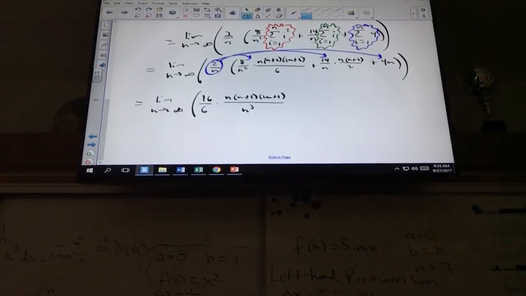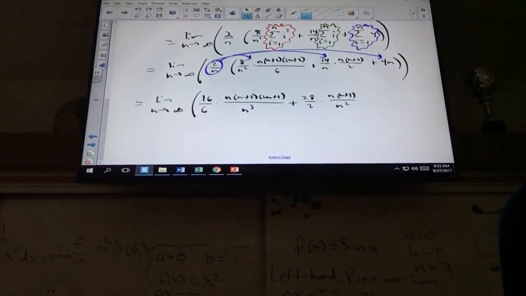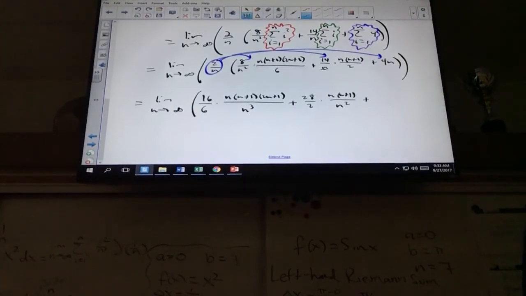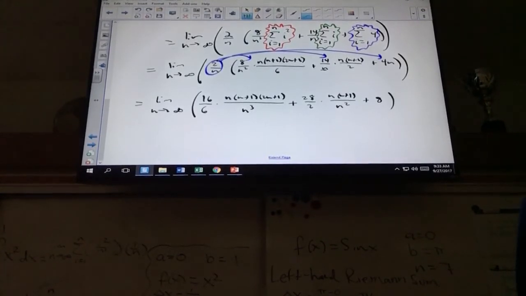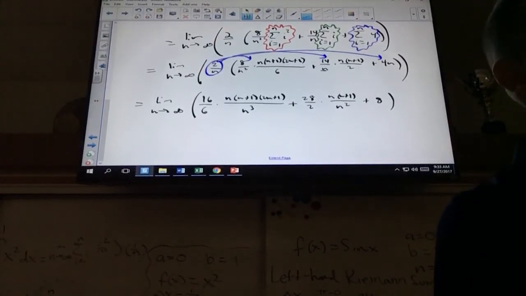Because I multiply that n times n squared there. So plus 2 times 14, which is 28 over 2 times n plus 1 all over n squared, again because I multiplied through by that 2 over n, so that n in the denominator multiplies with that n in the denominator to give me n squared. And then plus 8, right? Because 4n times 2 over n, the n's cancel out and you're just left with 8.